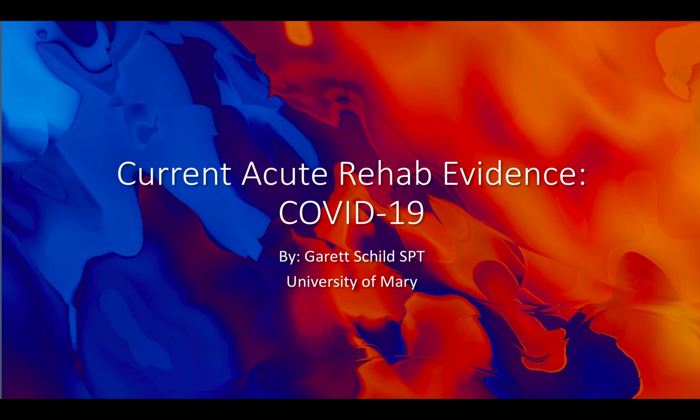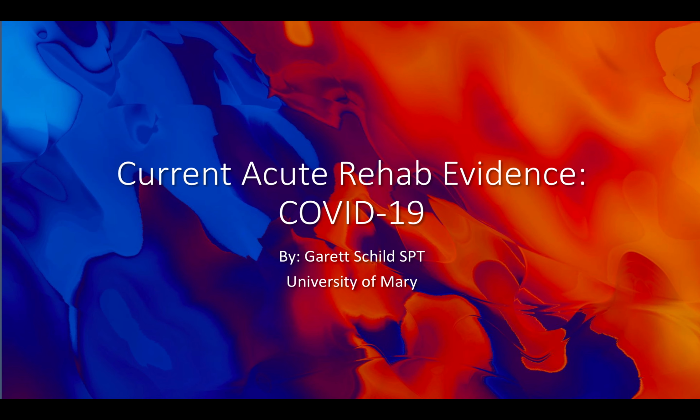I think I did a decent job at finding some of the current evidence, but this is obviously a very evolving disease, and more research is needed daily as we figure out what the pathogenesis of this disease specifically is. One disclaimer about researching COVID-19: there's a lot of great research coming from other countries, specifically Australia and the United Kingdom, because they've had this disease a little bit longer than we have here in the United States.